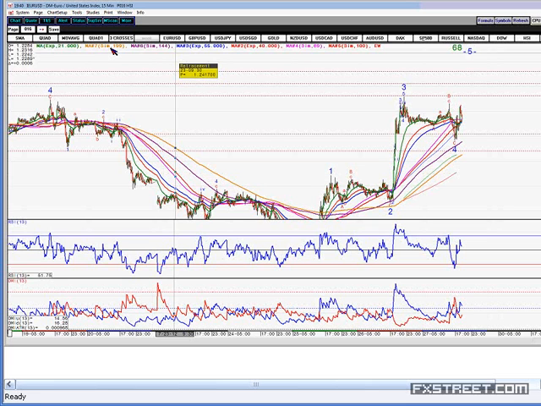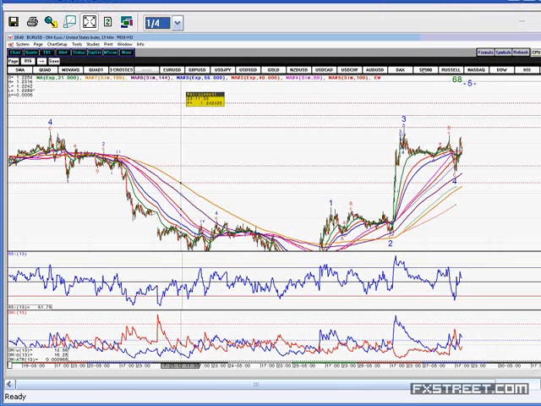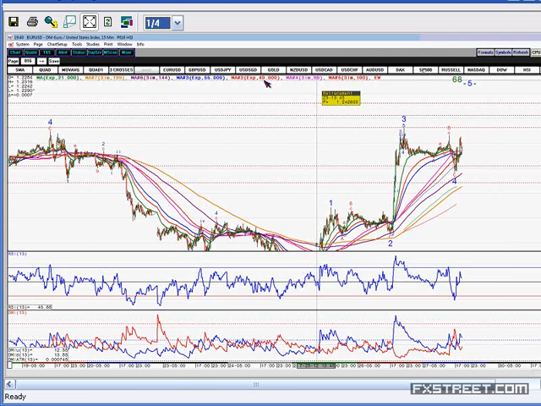If you see this, I use 21, 144, 55, and of course this can be 40 or 34, and this is 89, and this is the 100, which also plays a significant role, right? So most of the numbers I use are Fibonacci and Gann related numbers, because I firmly believe in Fibonacci and Gann numbers, right?